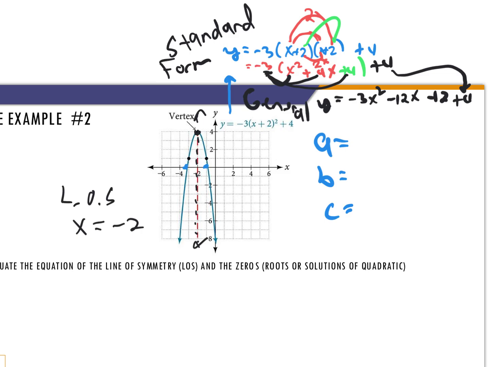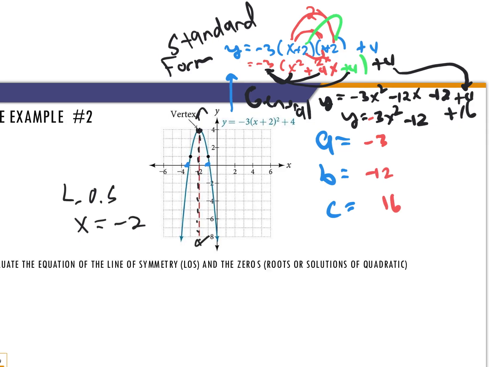So y is now equal to -3x squared minus 12x plus 12 plus 4 is 16. So what does that mean for me? A is -3, B is -12, and C is +16.